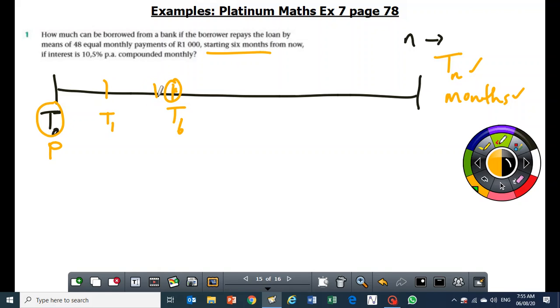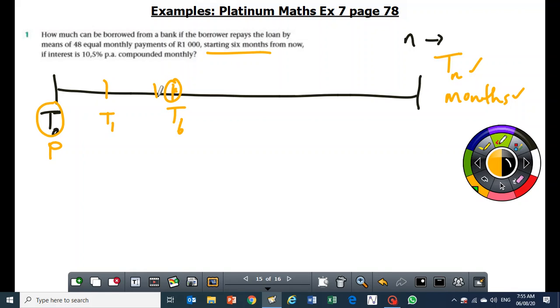So your number of payments, because you are dealing with a loan, you don't include T0. So when you count, you start from T1 up to where? Up to T6. So in terms of n, how many n's are you going to have? 5 or 6?